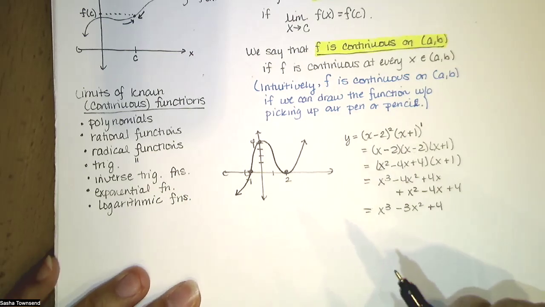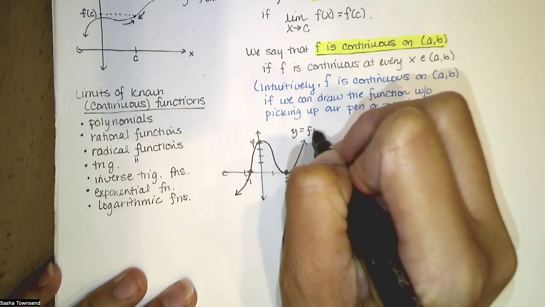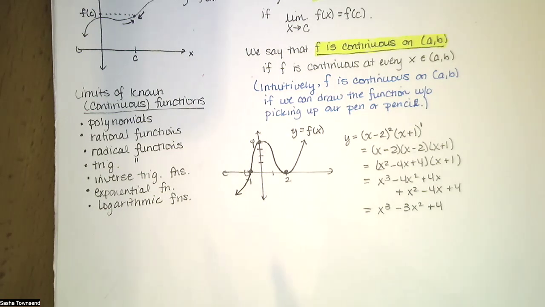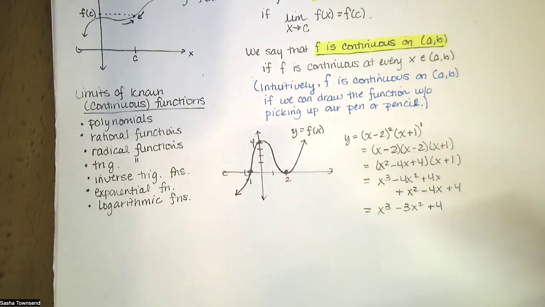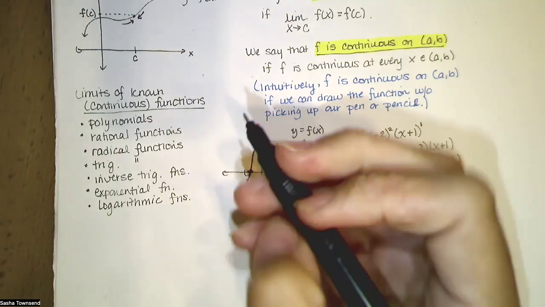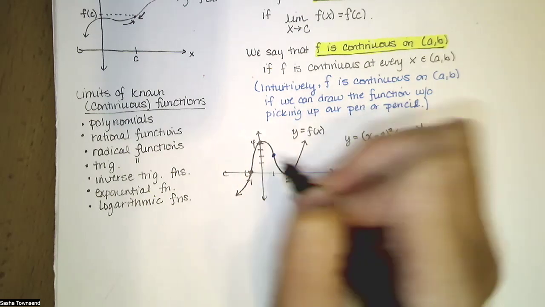So roughly, our graph is going to look like this. Now this function is continuous at any x value on the interval. So at x equals 1, of course, this is not to scale.